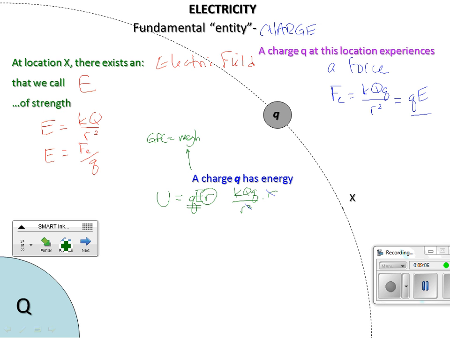We have this expression now for electric potential energy, which is KQq over R. All right, a new one there.